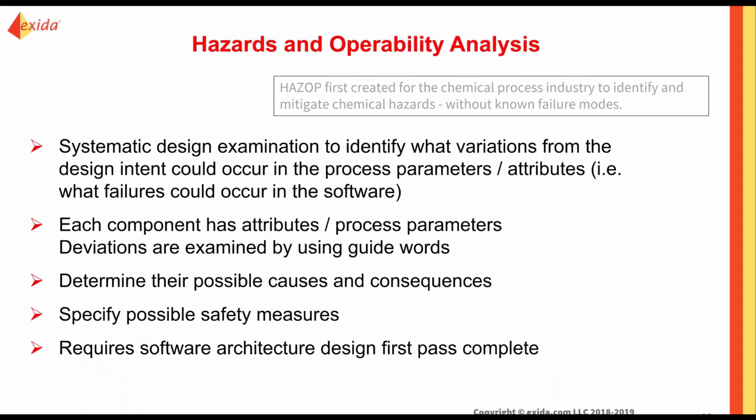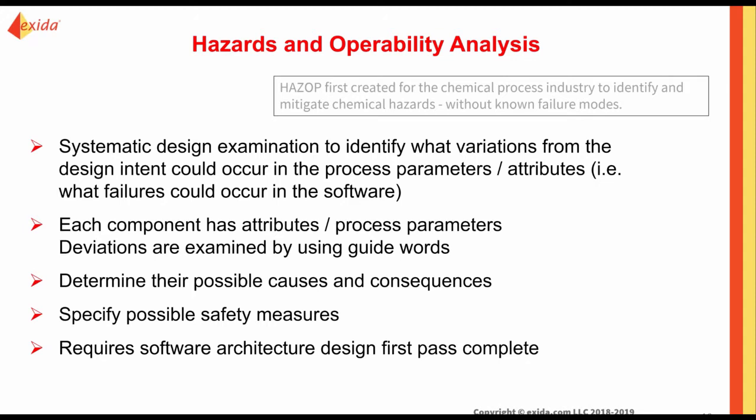And then the HAZOP procedure was created. HAZOPs were first created for the chemical process industry to identify and find mitigation techniques for chemical processing hazards. And of course, many of these chemical process sets of equipment were custom designed, and many of them had no known failure modes.